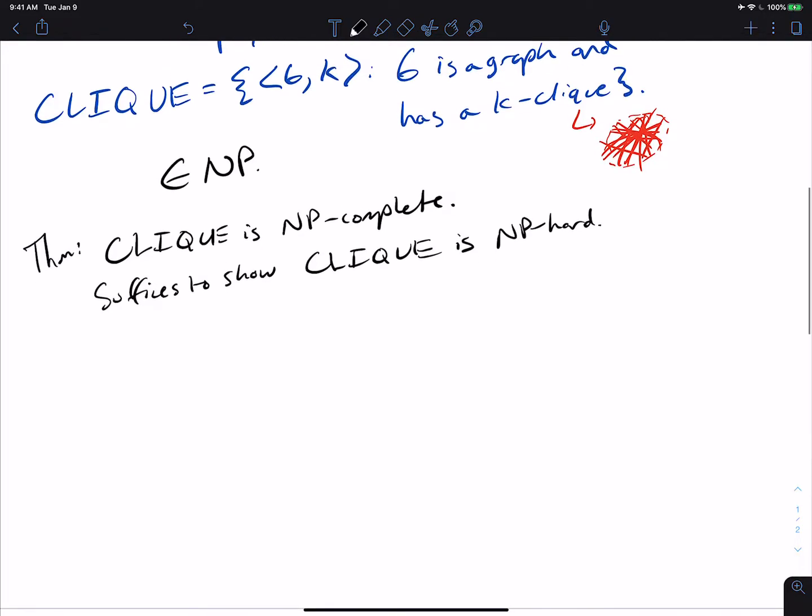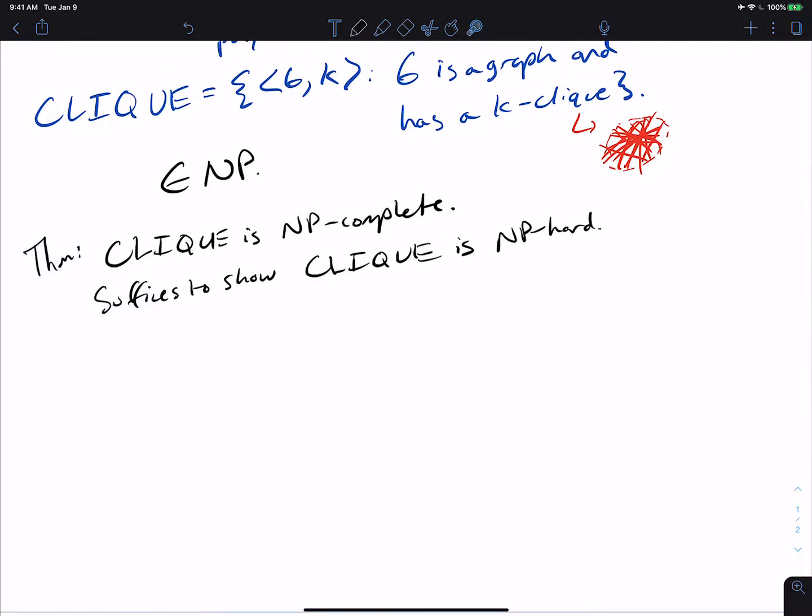In NP hard, what that means is that every problem in NP reduces to Clique. Well, we could do the proof like Cook and Levin did, but that's way too complicated. What we're going to show is that the CNF SAT problem reduces to Clique.